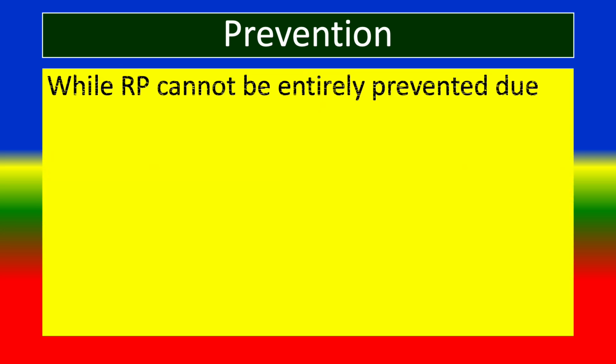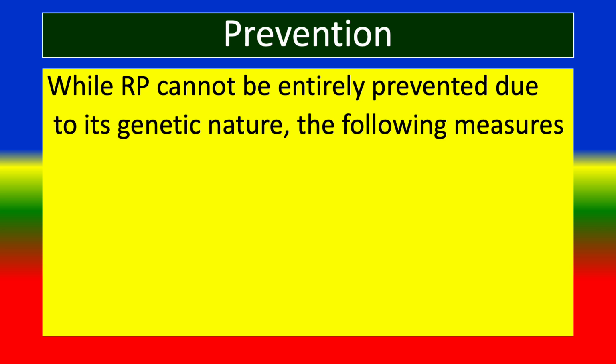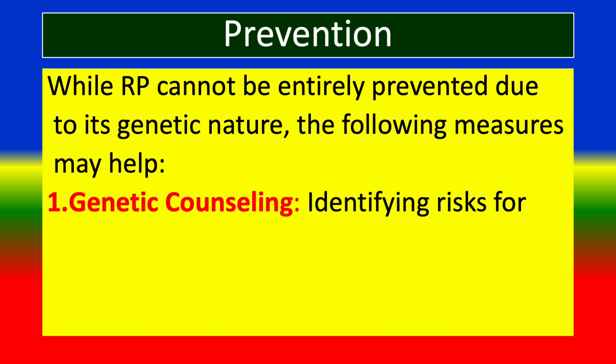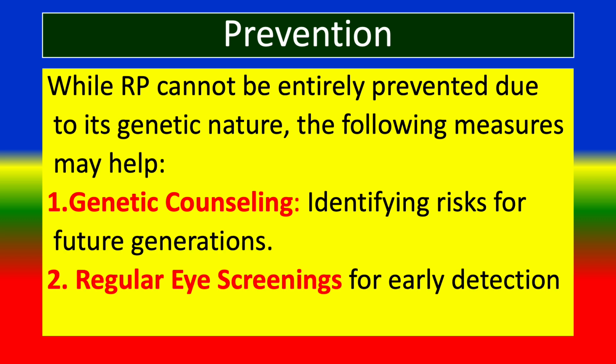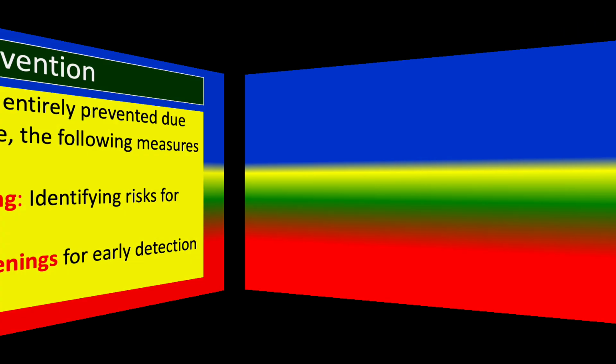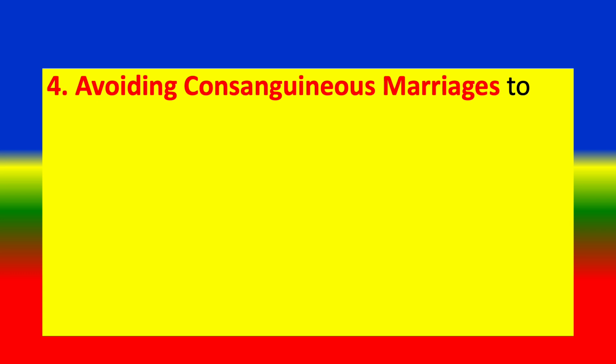Prevention. While RP cannot be entirely prevented due to its genetic nature, the following measures may help. 1. Genetic counseling, identifying risk for future generations. 2. Regular eye screening for early detection and management. 4.